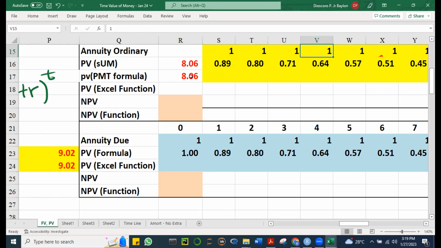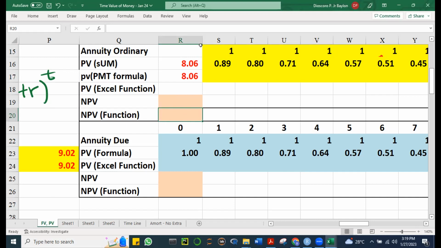There's another function that we can use here. Let's use this function, NPV. I'll give you 1 minute to try using the NPV function, because the NPV function is just like getting the present values. Net, which means getting all the present values.